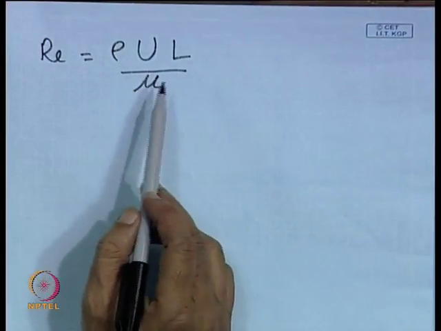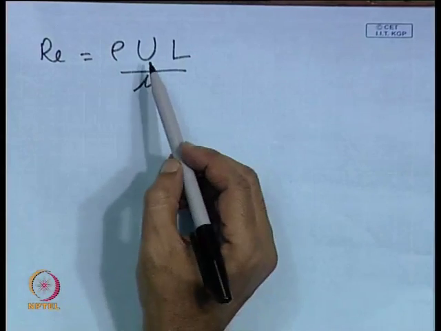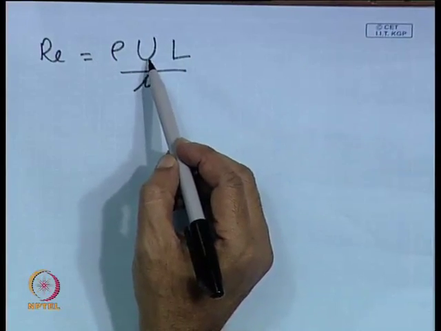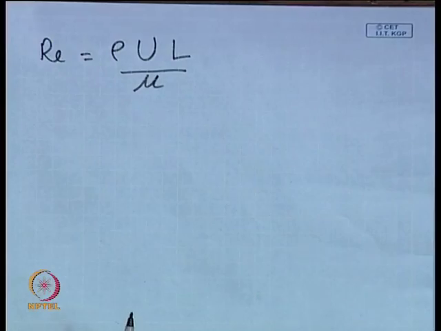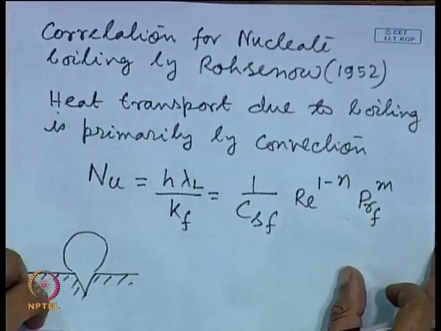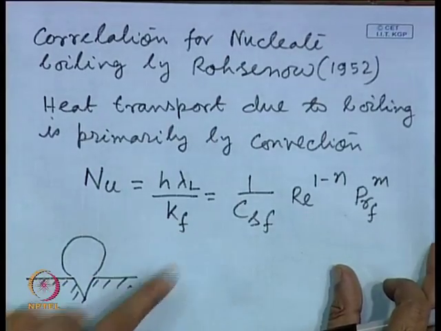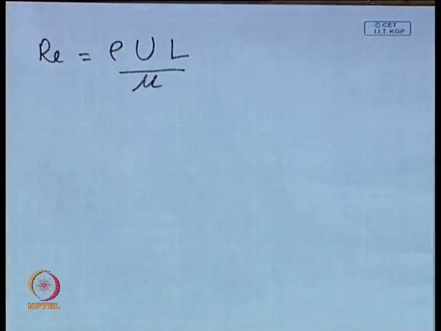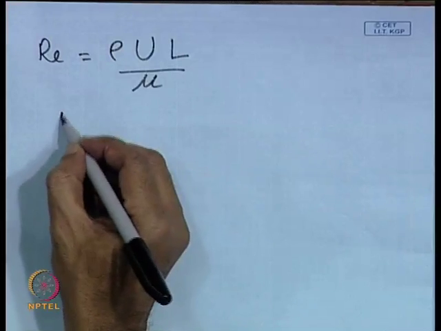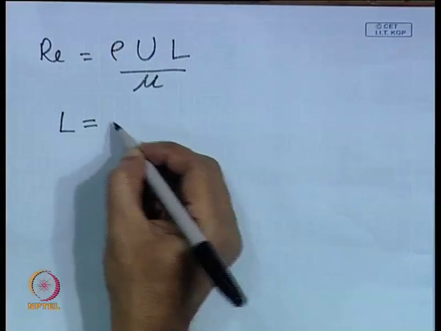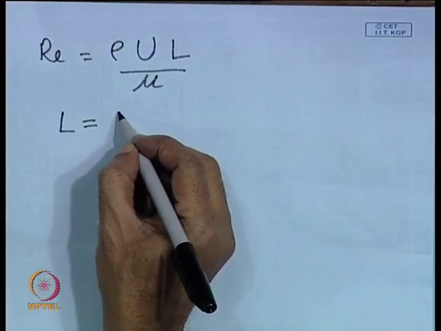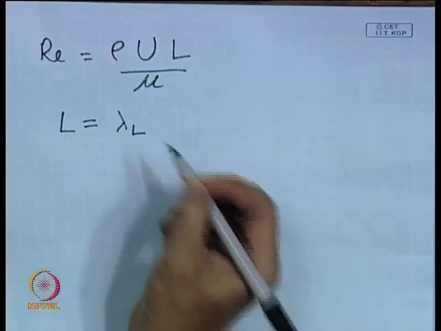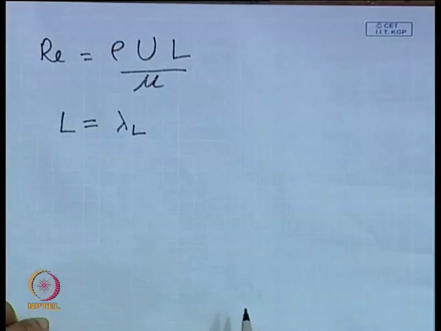So, how can this be taken, particularly how can we define the velocity and the length parameter? Already if you see the previous equation, for the Nusselt number we have to take a characteristic length. So, probably L could be replaced by a characteristic length lambda L, and what is this lambda L?